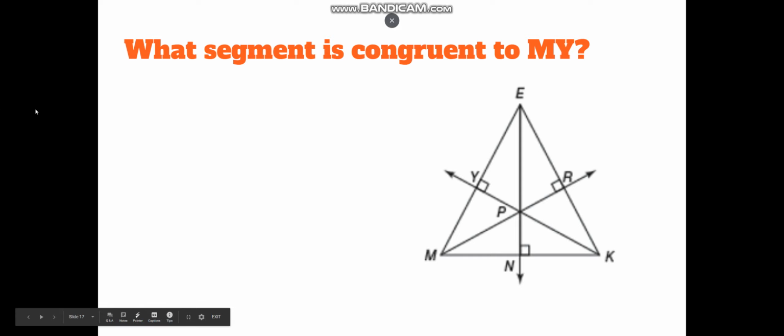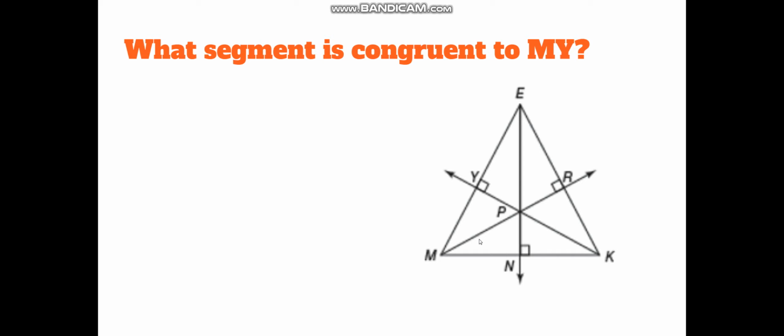So if we know that, then we can say that MY is congruent to YE, or EY, because this is a perpendicular bisector, so it's cutting this side in half.